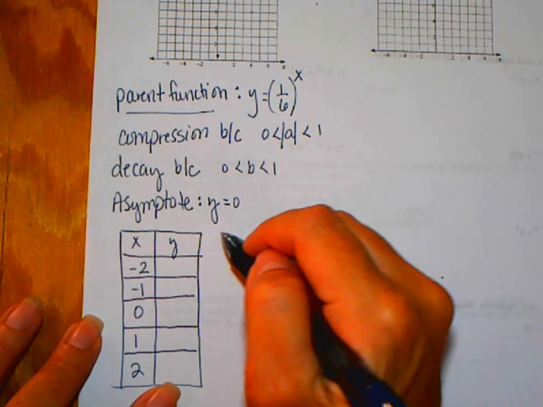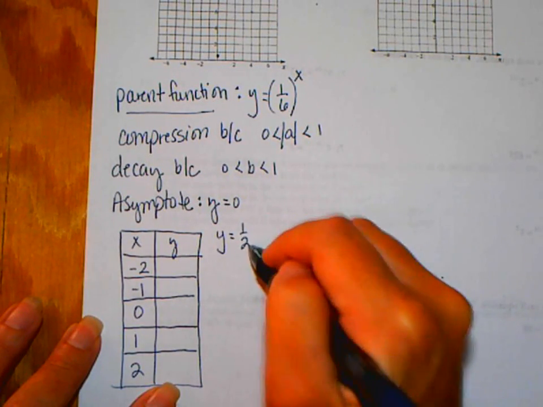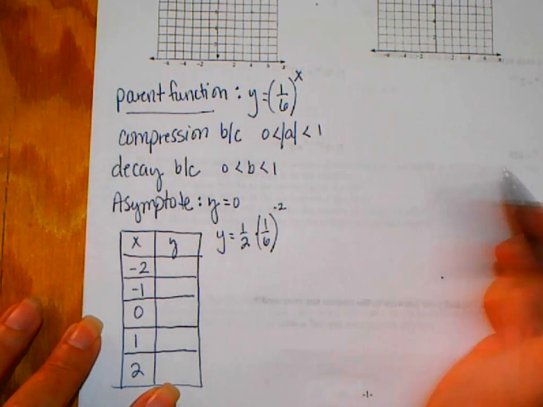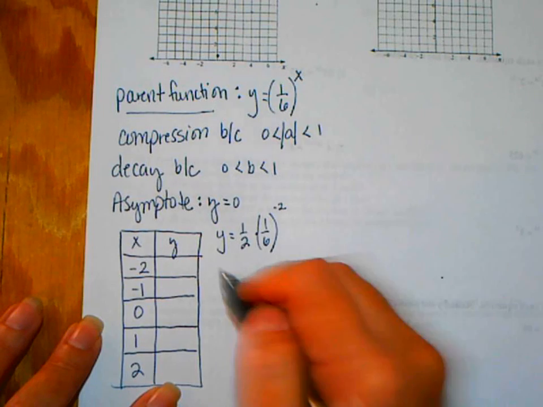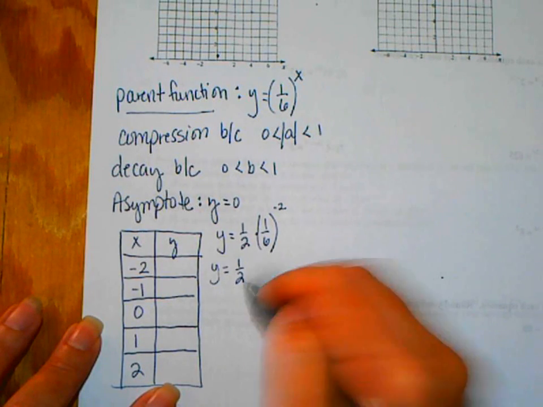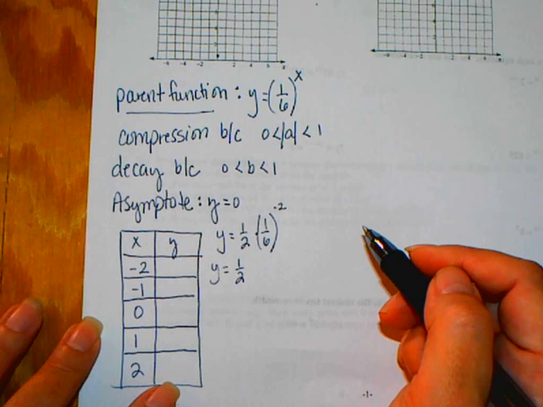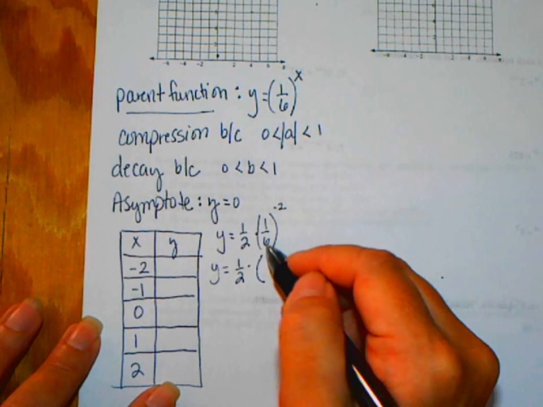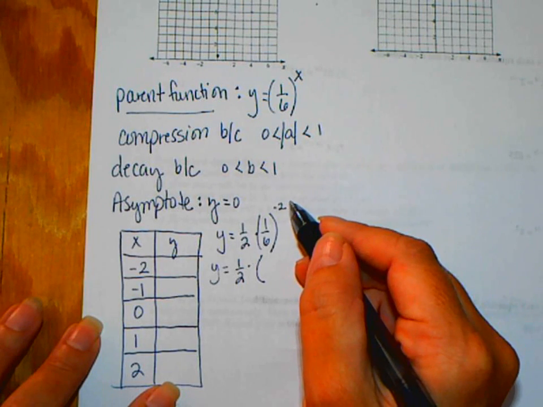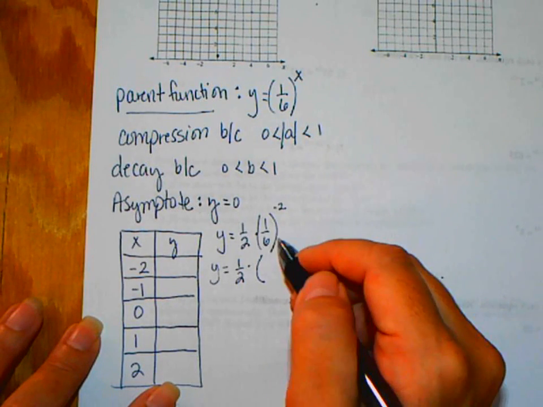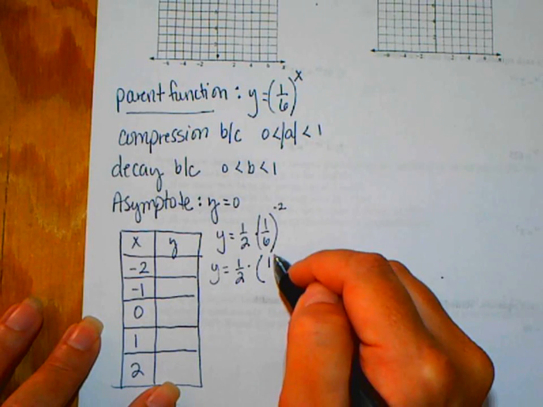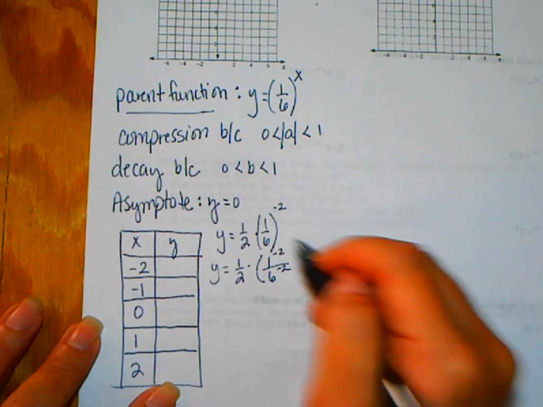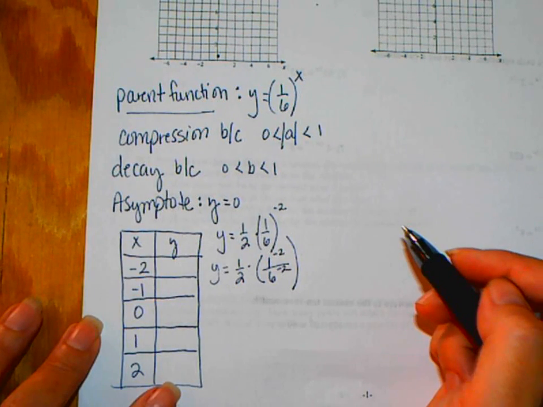So I'm going to take my equation, and I'm going to show my work. Now you could do 1/6 raised to the negative 2 in your calculator, but let me just show you what this means. 1/6 is being raised to the negative 2. So since the fraction is in parentheses, we know 1 is being raised to the negative 2 and 6 is being raised to the negative 2. Well, what do we do with that?